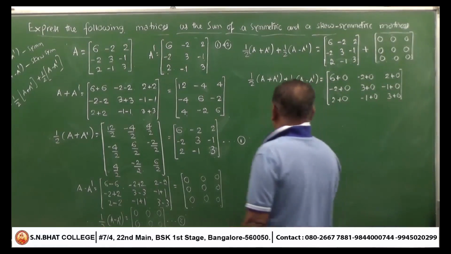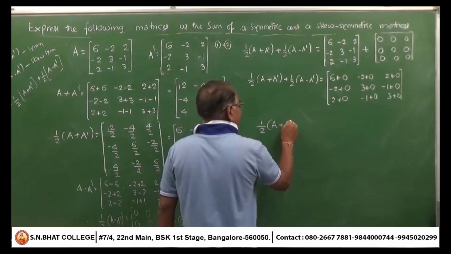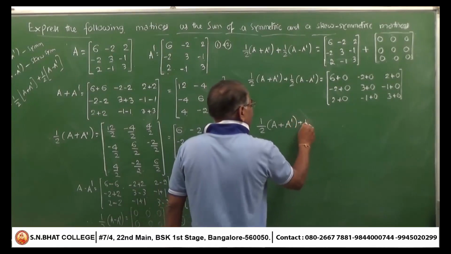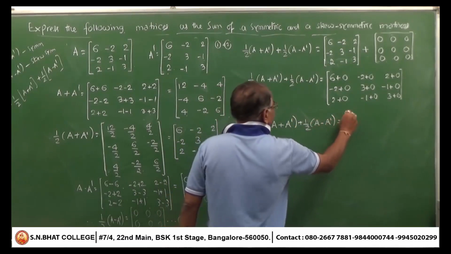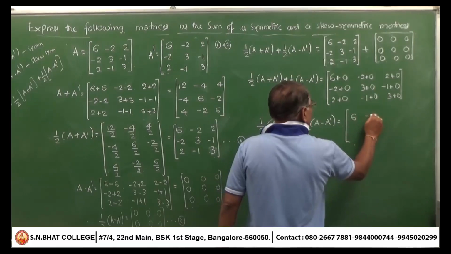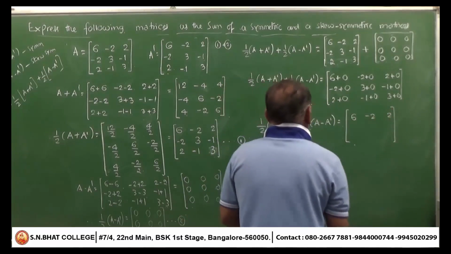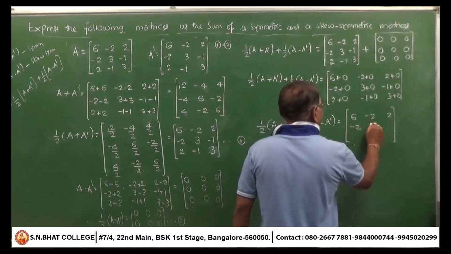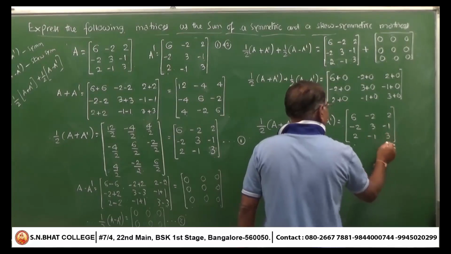Therefore, half into A plus A transpose plus half into A minus A transpose is equal to, simplify, 6, minus 2, 2; minus 2, 3, minus 1; 2, minus 1, 3.